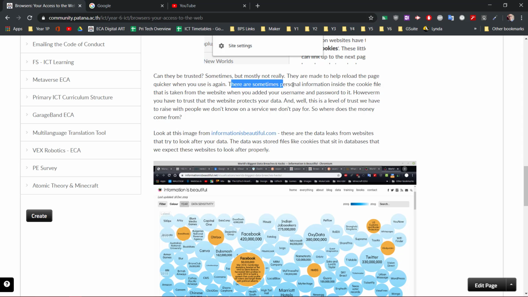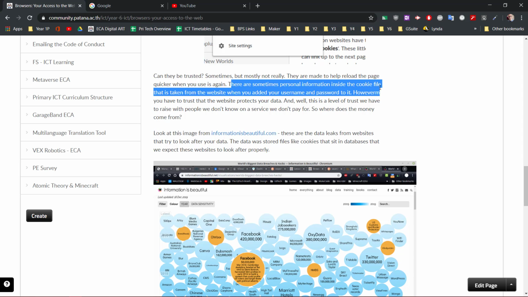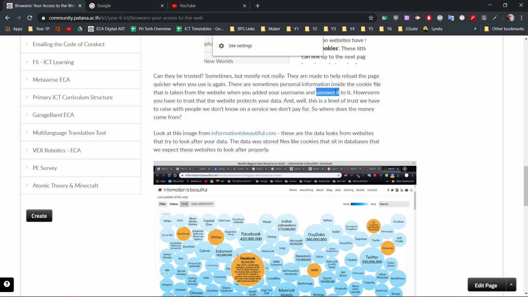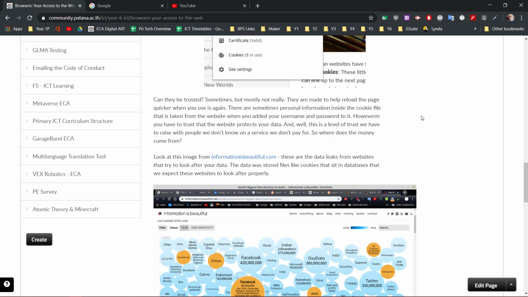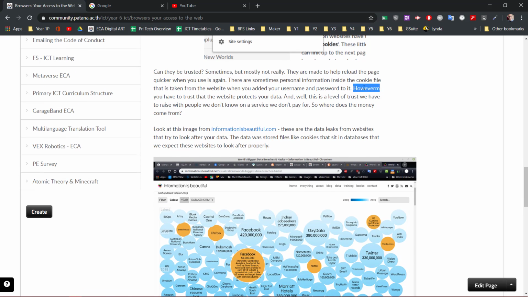You see, sometimes there is personal information inside that cookie file because we have given Firefly, in this case, a username and password, and we've put the username and password into this website. However, we have to trust that the website protects our data.